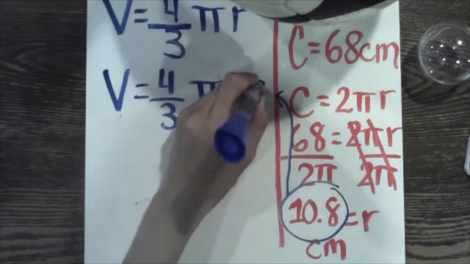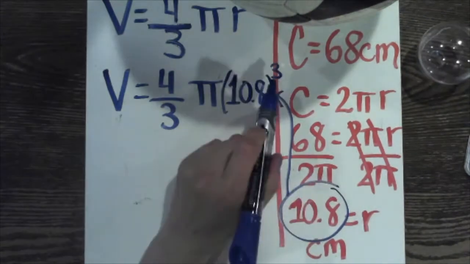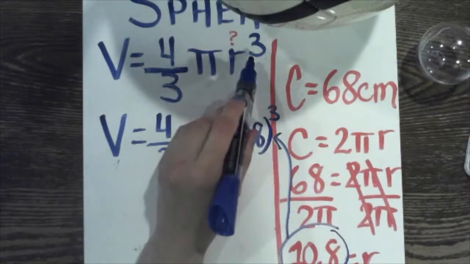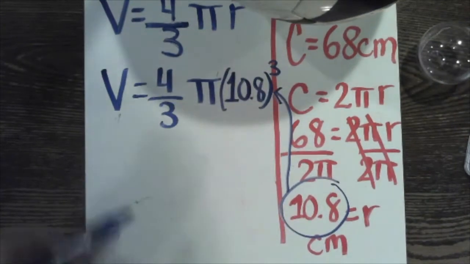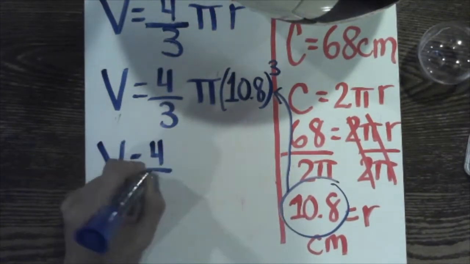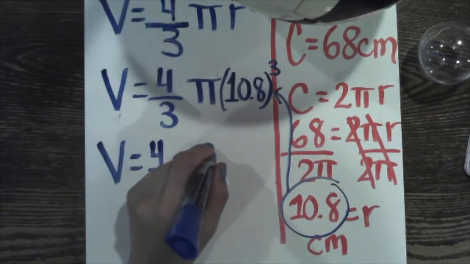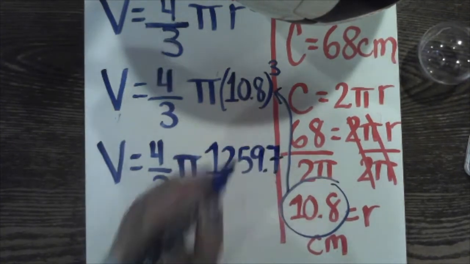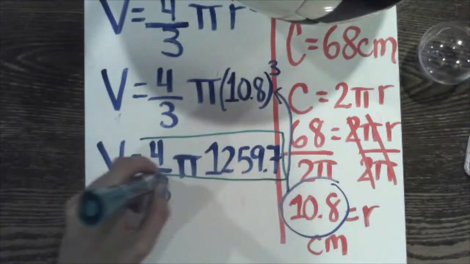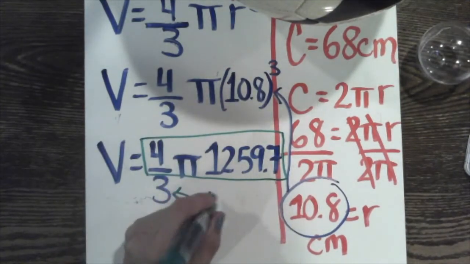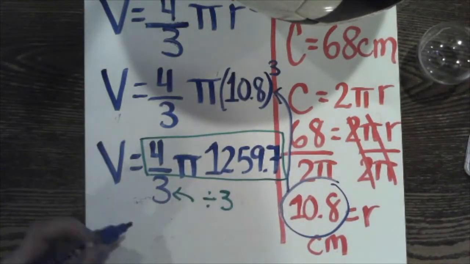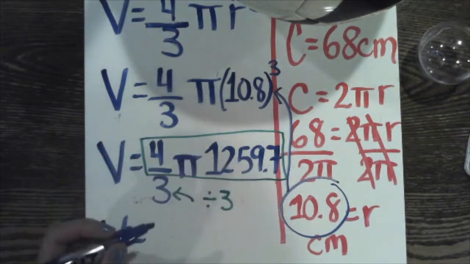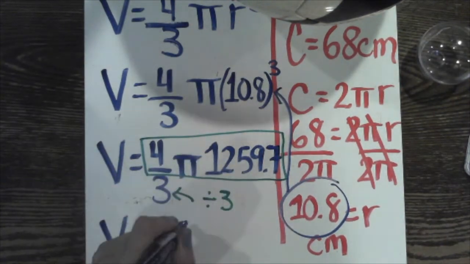I'm not going to forget the cube, because it is not just 10.8, but rather 10.8 in every direction, length, width, and height. And 10.8 times 10.8 times 10.8 is 1,259.7. I am going to multiply the top and then divide by 3. 4 times 1,259.7 is 5,038.8 pi.